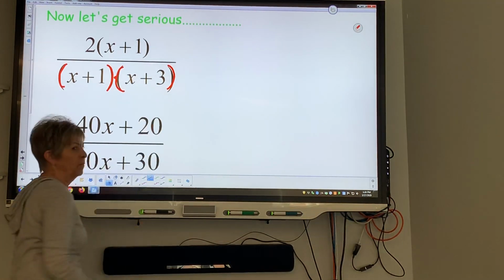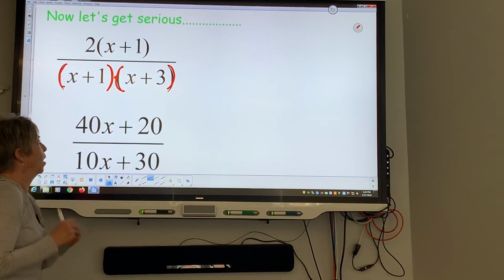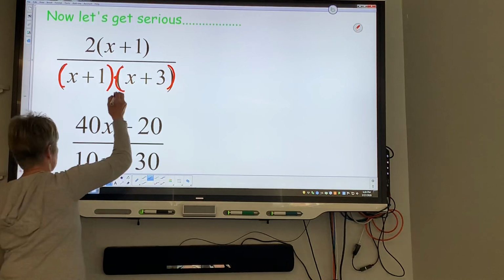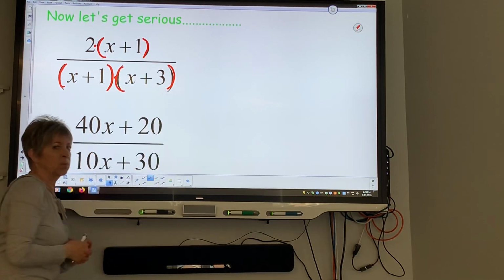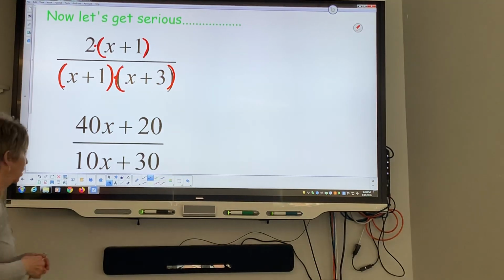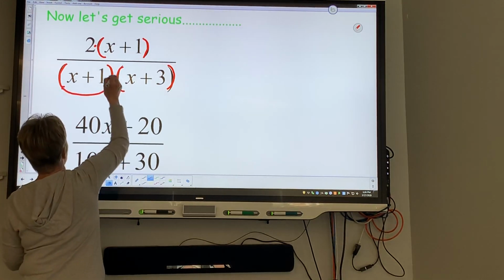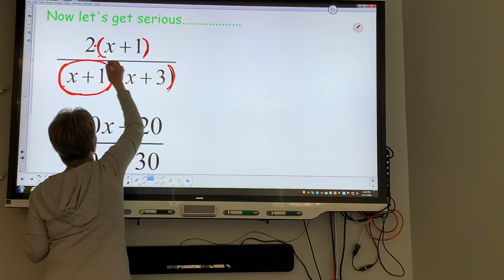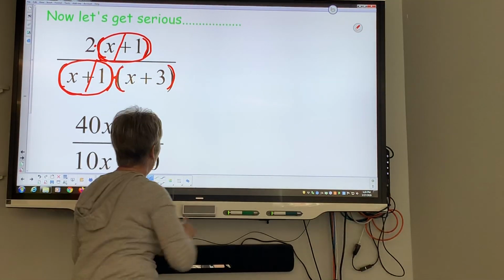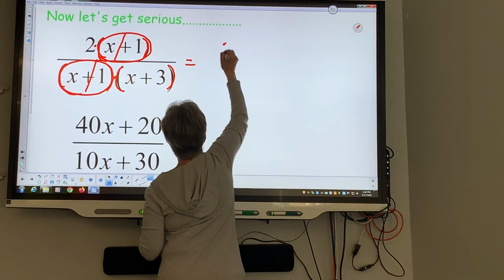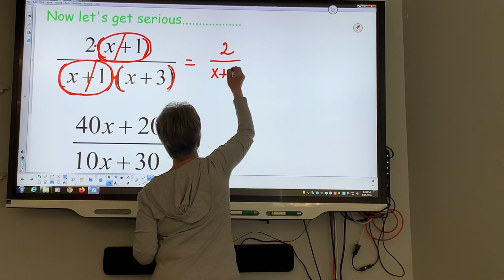Those are separated from each other by addition. Those are not individual factors. In the numerator, 2 is a factor, and x plus 1 is a factor. So yes, I can take this entire quantity, and those can pair up to be 1, and my final answer is 2 over x plus 3.